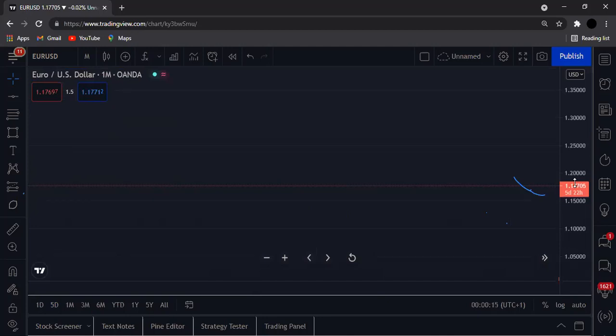My network is trying to load. Once you zoom in, it's still loading.